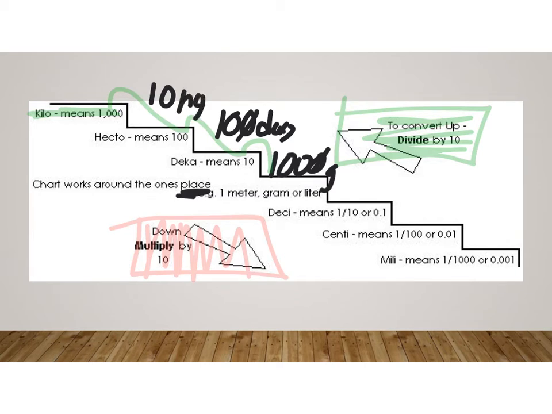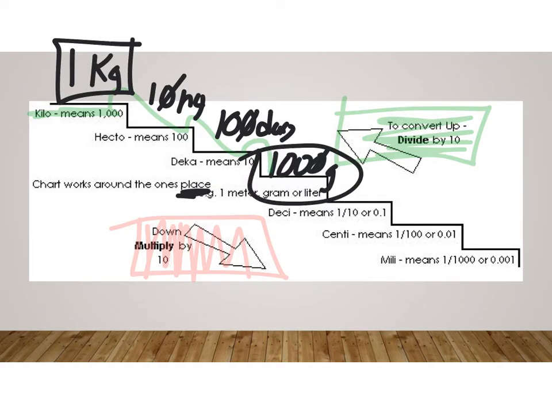And then as I go up one more time to kilograms, I divide by 10 again, and I'm going to only have 1 kilogram by the time I get there. So that means I've converted 1,000 grams to kilograms, and I would only have 1 kilogram for every 1,000 grams that I have.